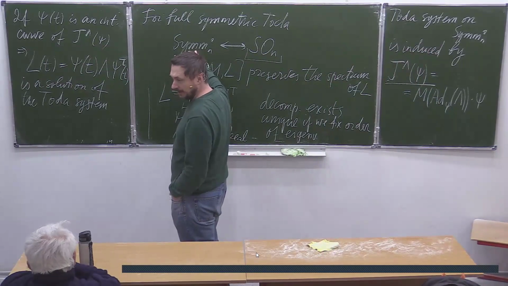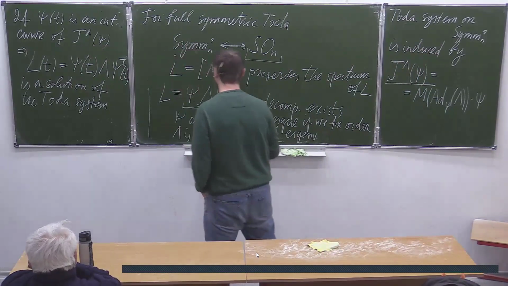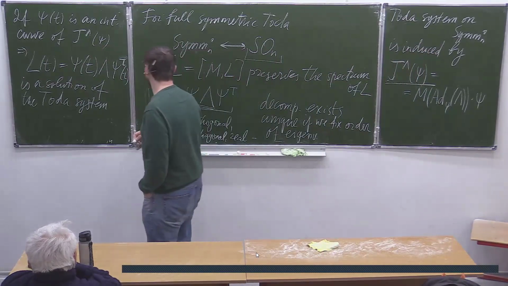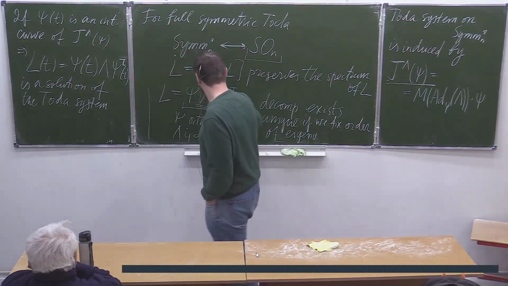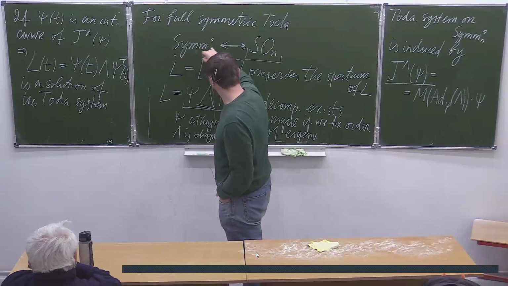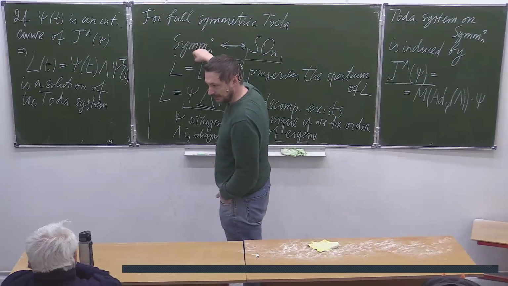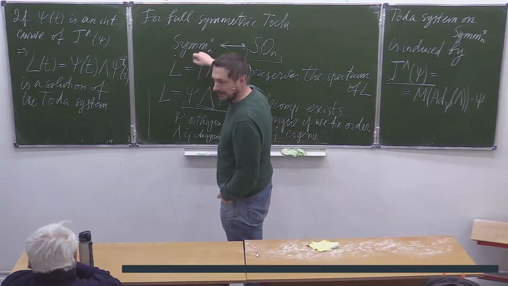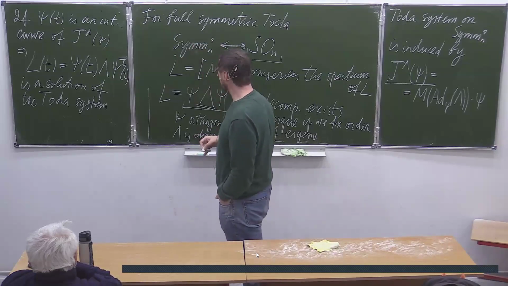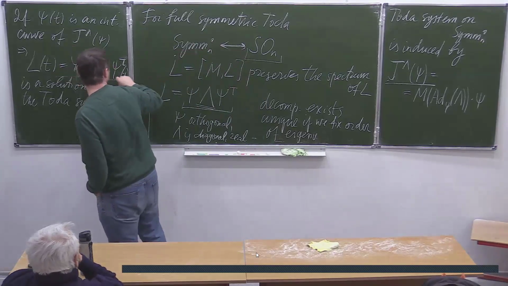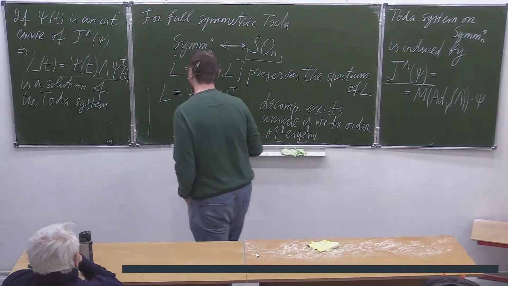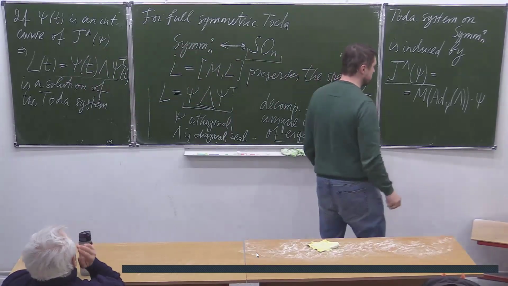I just take the integral curve of this vector field, and then I use this integral curve to move along the space of symmetric matrices. And it will give us a symmetry of this field on symmetric matrices. Okay?